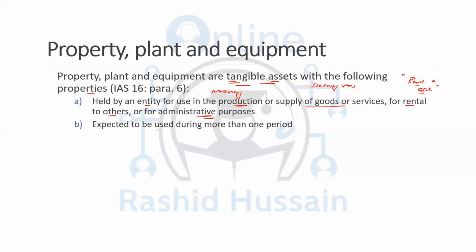And expected to be used during more than one period. So whenever you are classifying any asset within IAS 16, you need to make sure that the asset complies with the scope of IAS 16.